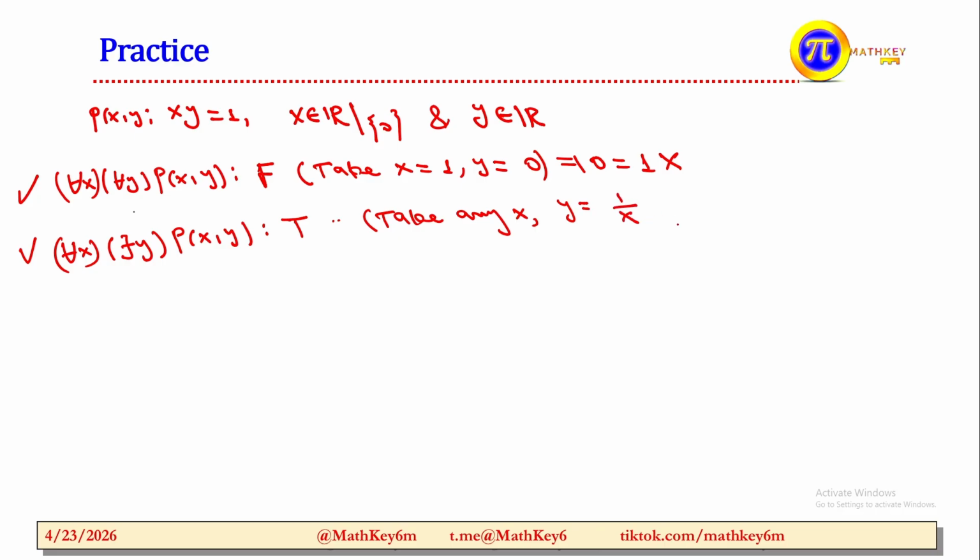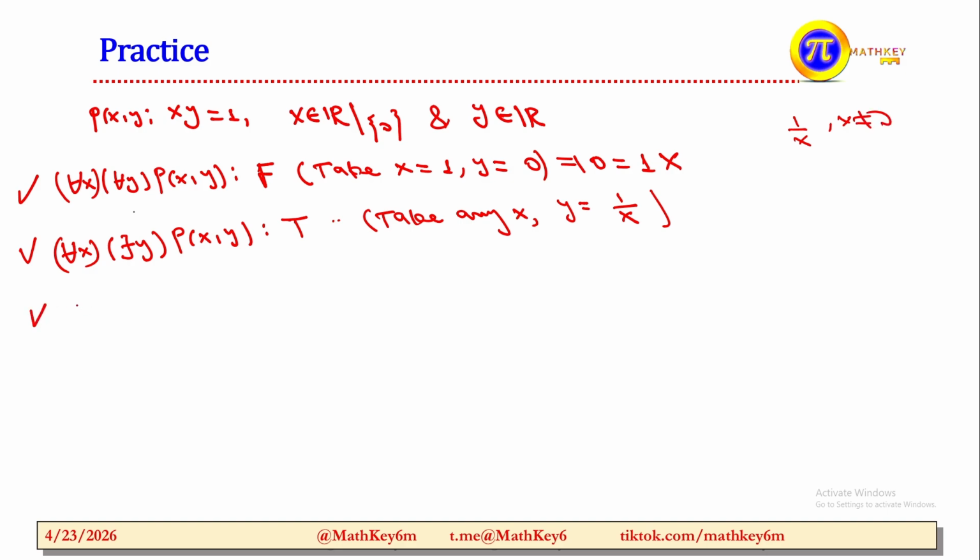Yes, it works. Why? Because x is different from 0, x is all real numbers except 0. Since x is non-zero, we can find the reciprocal of any x. Because of this, it is true.